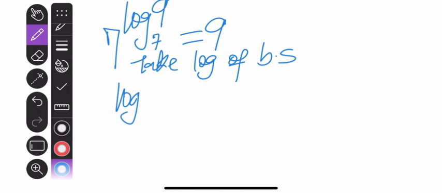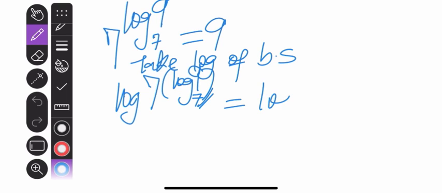It's going to be log of 7 raised to the power of log 9 base 7, equals log 9, because we are taking log of both sides.